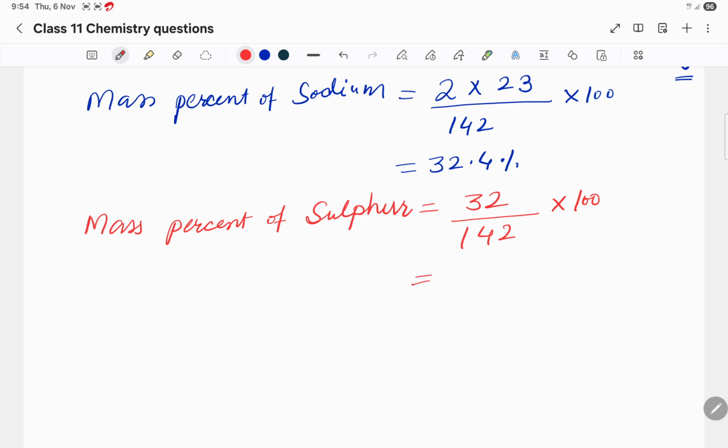So once again, when you calculate it, it comes out to be approximately 22.5 or 6%. You can calculate it.